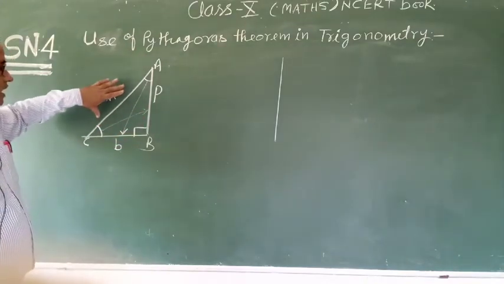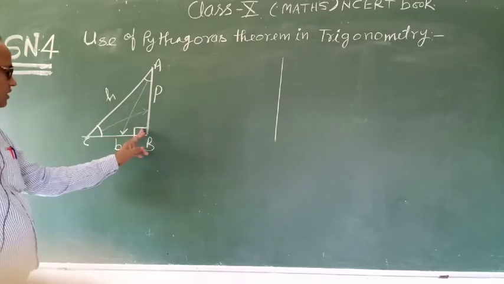Here the hypotenuse AC is fixed, which is in front of 90 degrees.